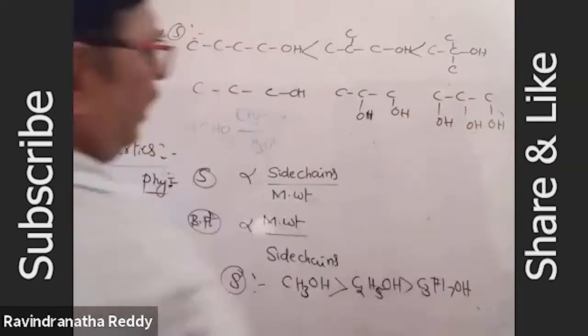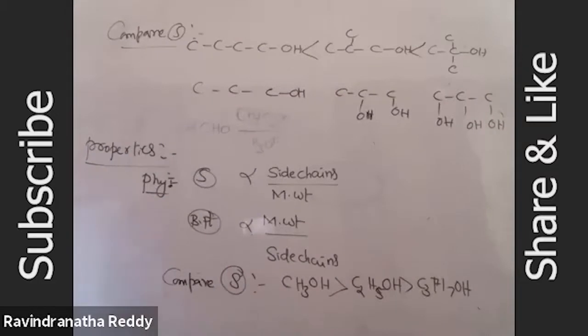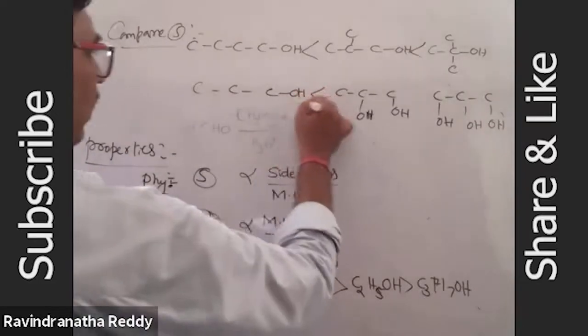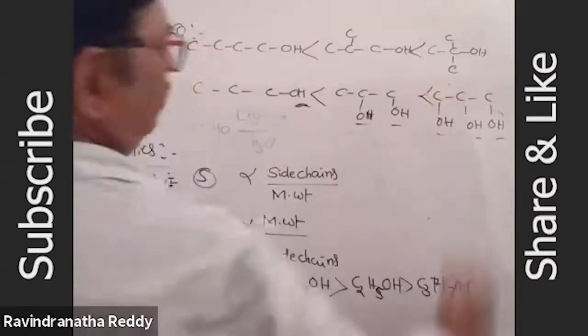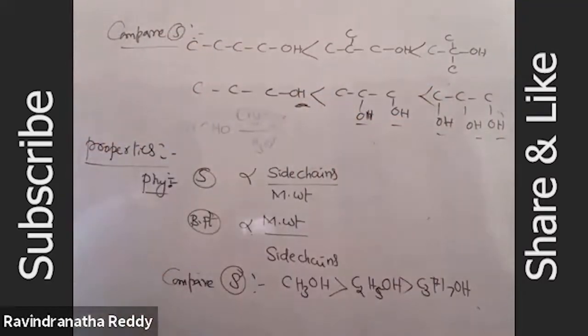Solubility here depends upon hydrogen bonds. Hydrogen bonds number is more, solubility is more. Very good, Dharnivalan. So 1 OH group, 2 OH groups, 3 OH groups. Number of OH groups increases, solubility increases. So this is regarding solubility.